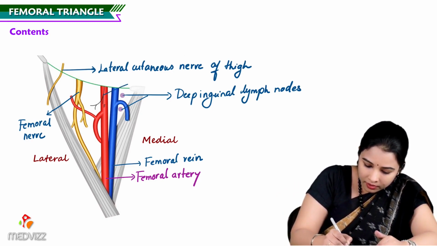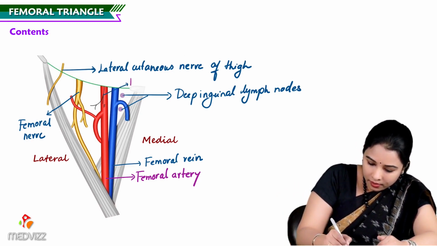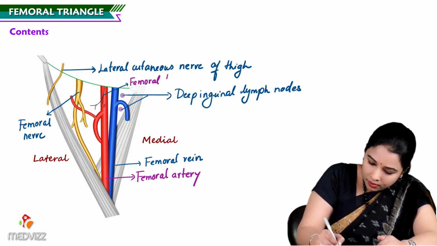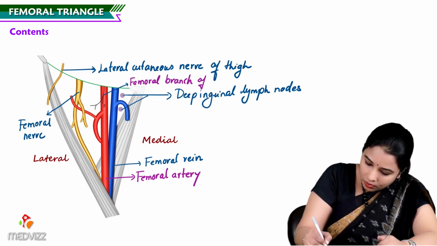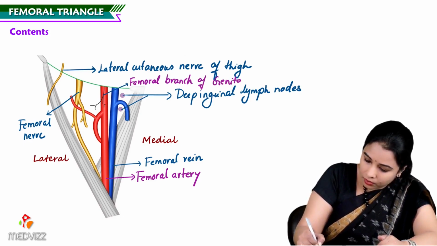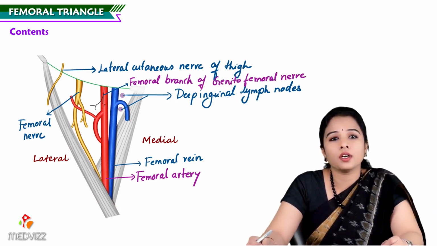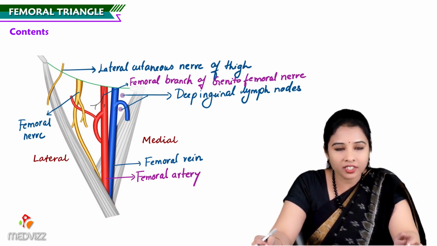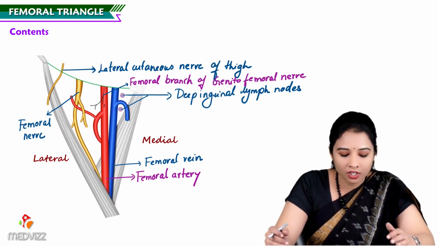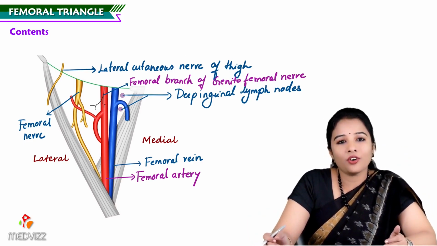See here, this is the femoral branch of genitofemoral nerve. And also we have some fibrofatty tissue present within the triangle. So these are the contents of the triangle.